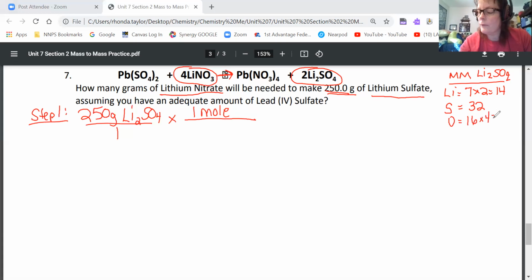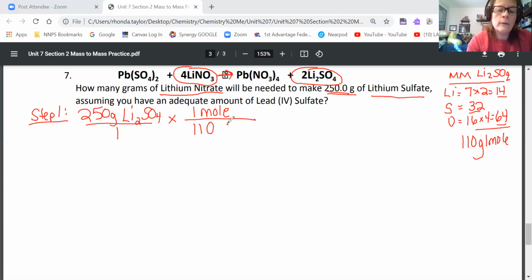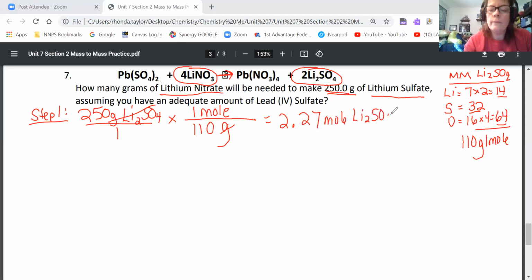So 16 times 4 is 64. And when you add the 14, the 32, and the 64 up, you get 110 grams per mole. Okay, so 110 grams. That allows you to cancel out your grams, leaves the moles. And when you do this, you're going to end up with 2.27 moles of our lithium sulfate that we need to use in our mole to mole ratio.